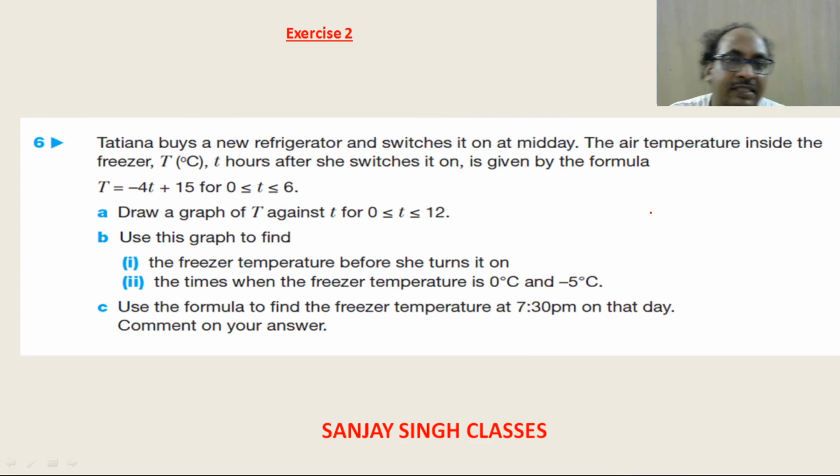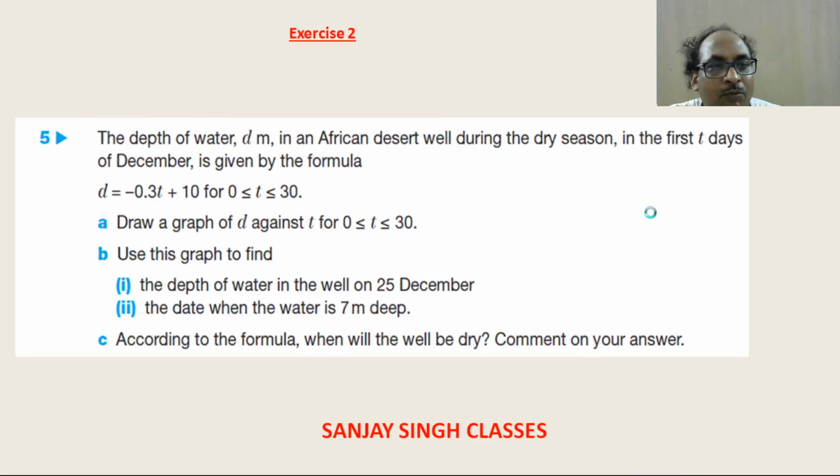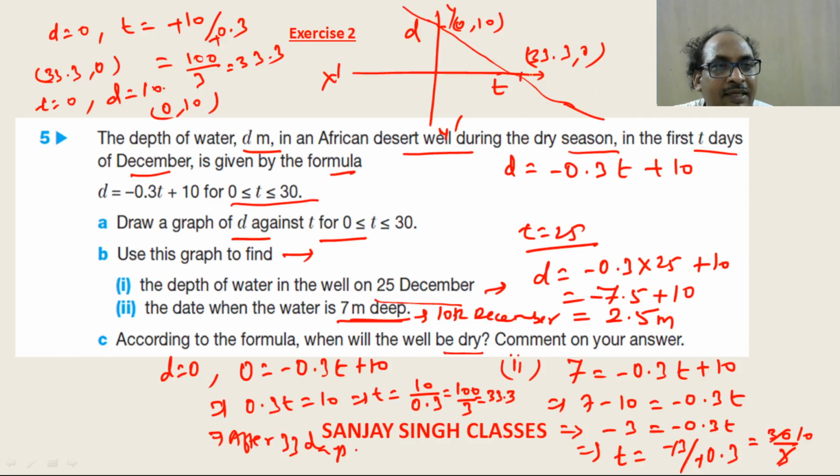One more thing I want to say: while drawing the graph itself, we have already shown that the depth of water becomes 0 at 100 by 3, or 33.3 days.